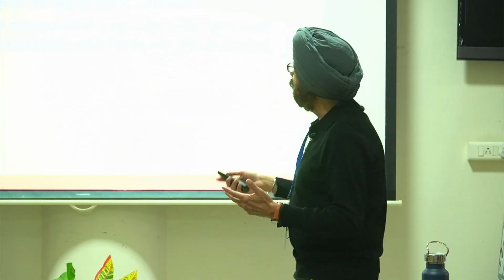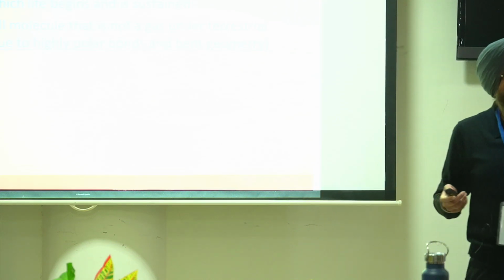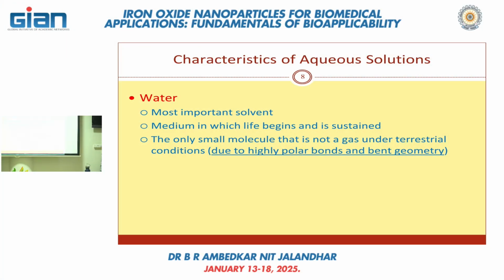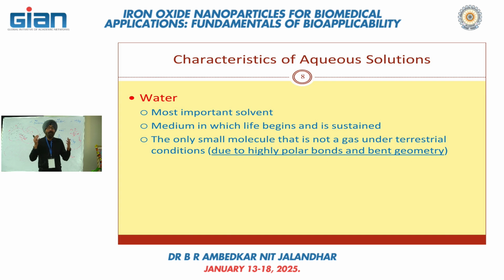This is all because of the hydrogen bonding which you see in the water molecule. It doesn't exist in many of the molecules frequently available in our environment which have the three atom structure, right?